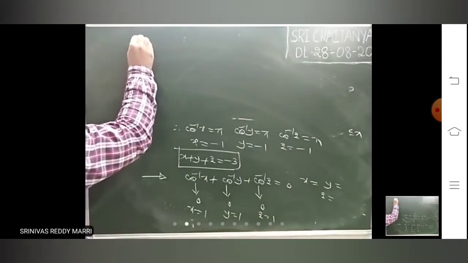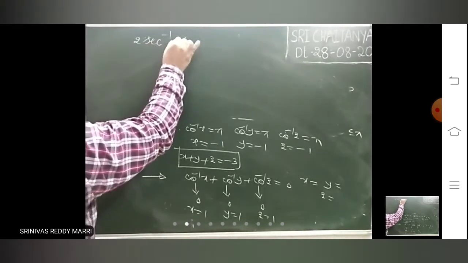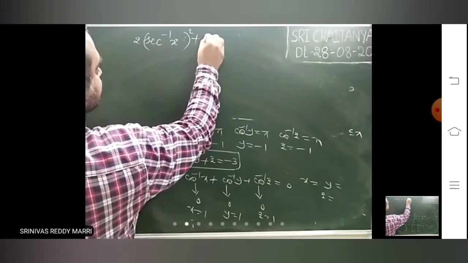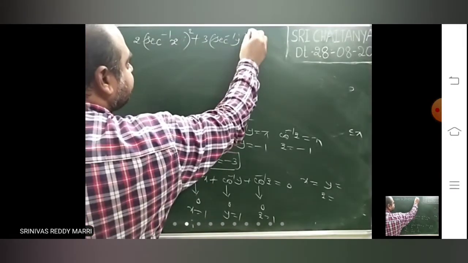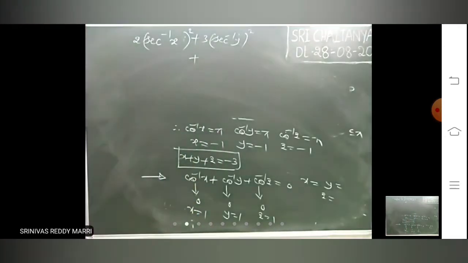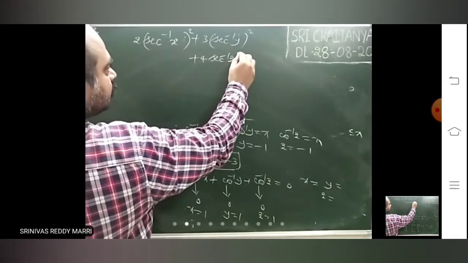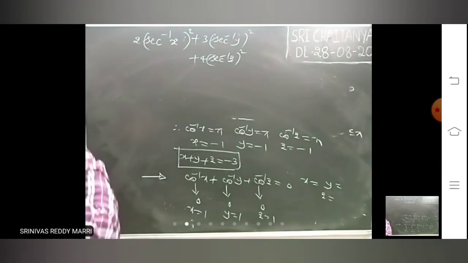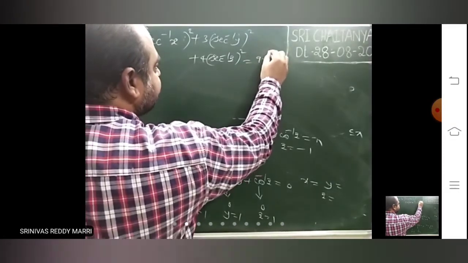Suppose it is given like this: 2 times secant inverse x whole square plus 3 times secant inverse y whole square plus 4 times secant inverse z whole square equal to 9 pi square.